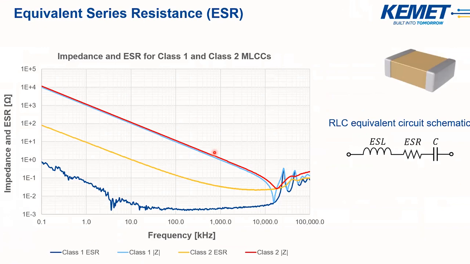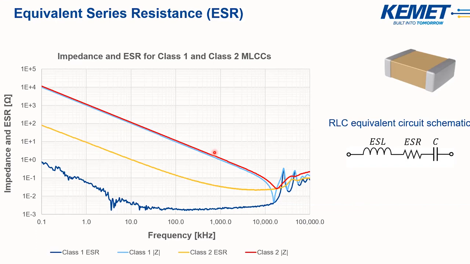This plot shows a class 2 X7R versus class 1 C0G from 100 hertz to 100 megahertz. Now, since class 2 X7R MLCCs are made from a barium titanate dielectric, under AC excitation, they have domain wall heating, which causes higher losses as compared to a class 1 C0G. Since class 1 MLCCs don't have that domain wall heating, their ESR losses are much, much lower.